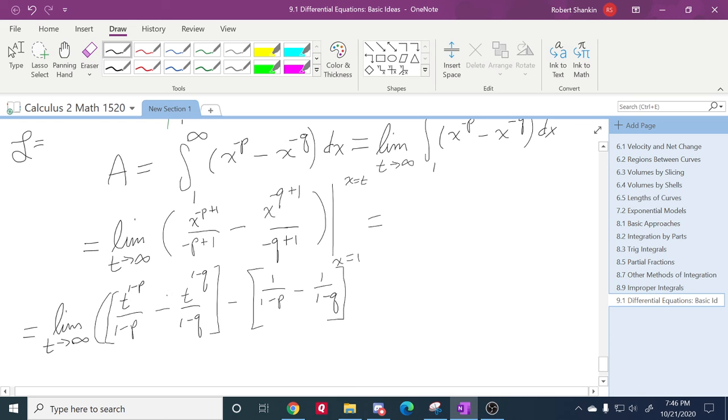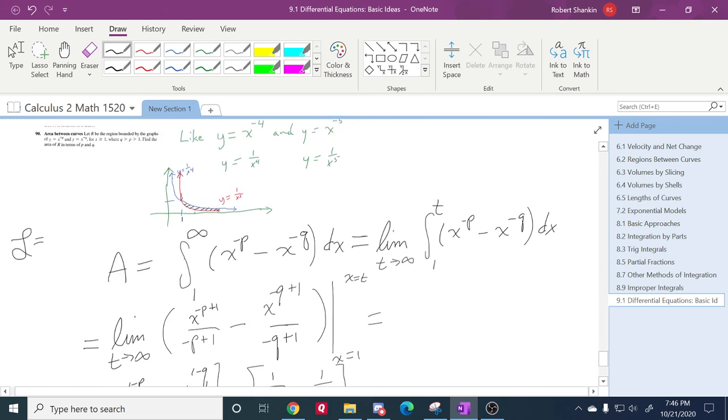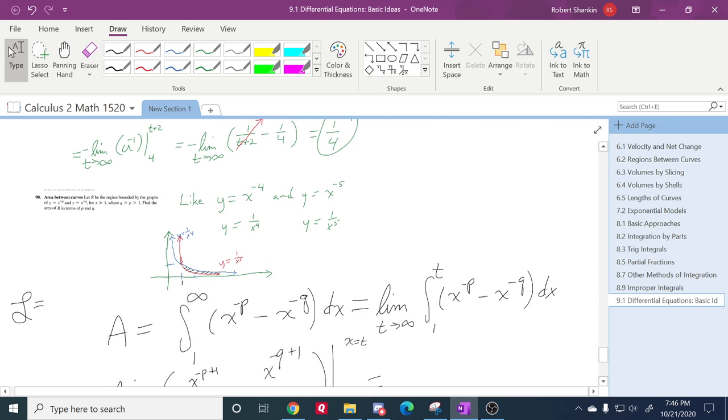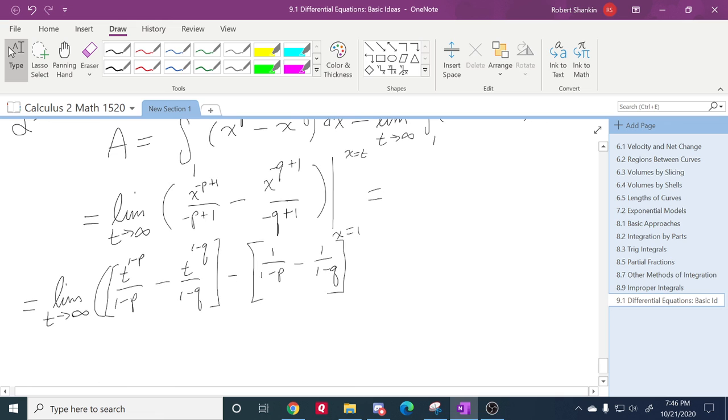As t goes to infinity, these things are really negative exponents as long as p and q are both bigger than 1. So I want to point that out. These are negative exponents.